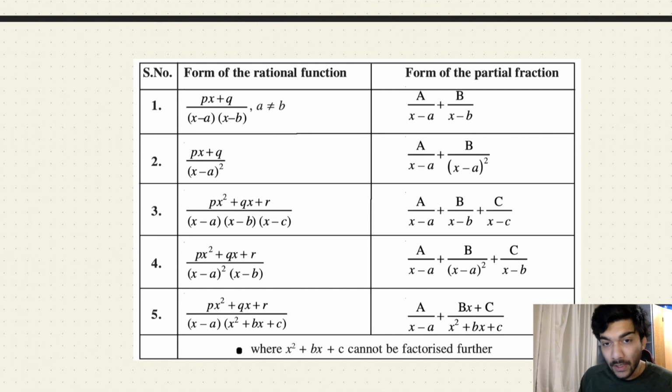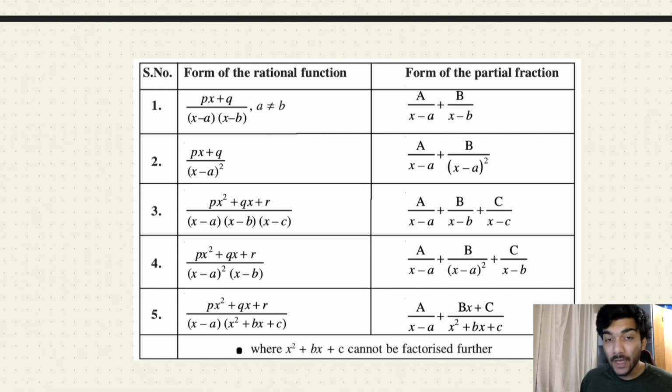And we also know the integral for 1 upon x minus b, which would be ln|x minus b| in this case, right? So the calculation of an indefinite integral or definite integral as well becomes much simpler when you have your expressions of this form rather than your expressions of this form, right?